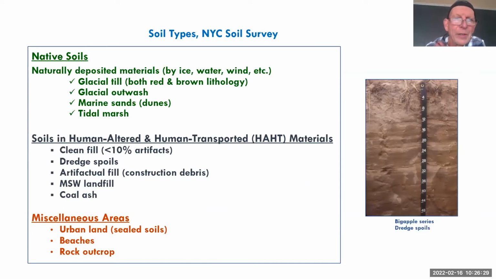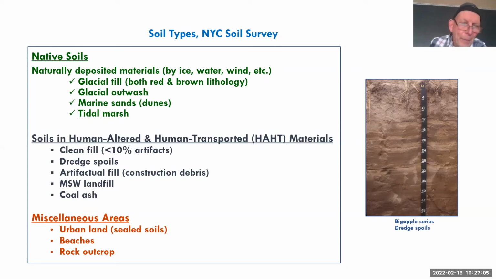So in our soil survey, we differentiated 3 types of, let's say, soils or map units. There were some native soils left in New York City, okay? Things that were deposited naturally. There are some glacial till soils, some glacial outwash soils. There are some marine sands, particularly sand dunes, and some tidal marsh. But there are an awful lot of soils in either human altered or human transported materials, okay?